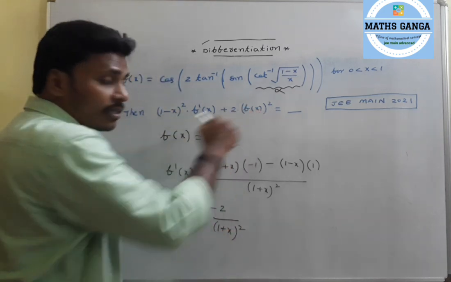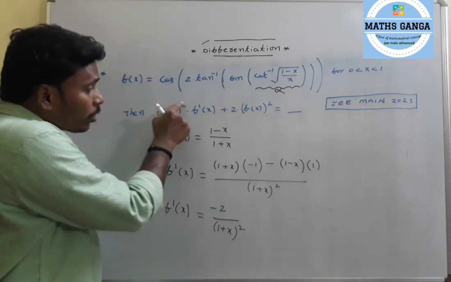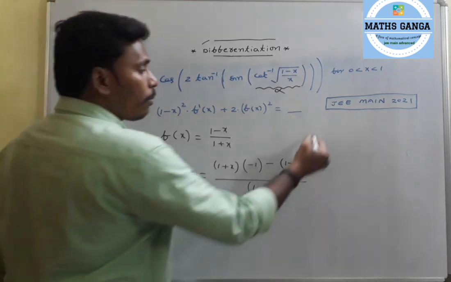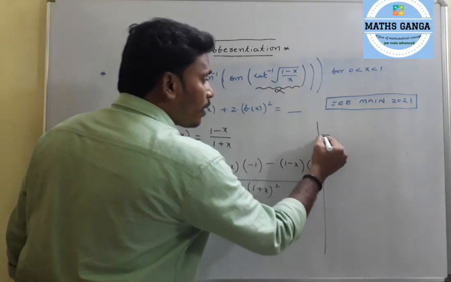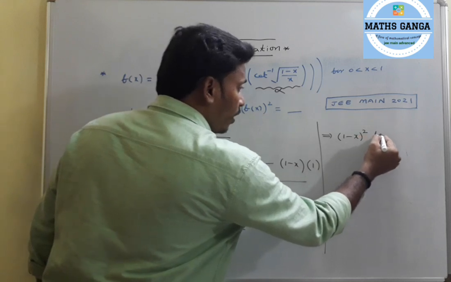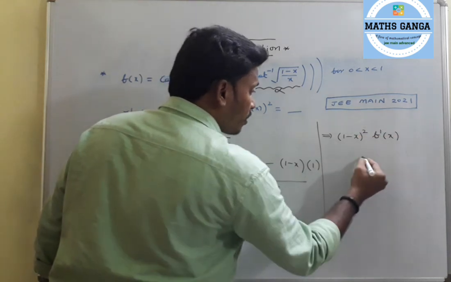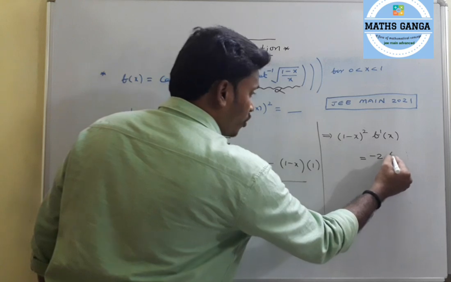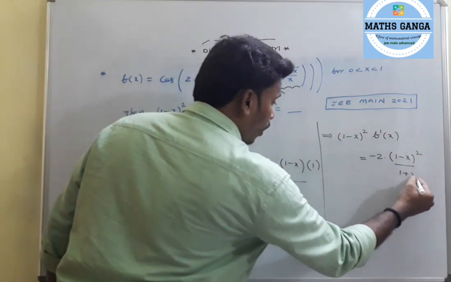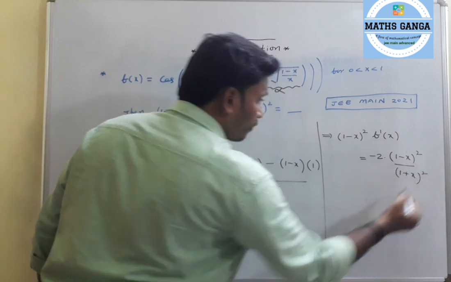But to find (1 minus x) whole square into f dash of x, just multiply both sides with (1 minus x) whole square. Now (1 minus x) whole square into f dash of x is equals to minus 2 into (1 minus x) whole square by (1 plus x) whole square.